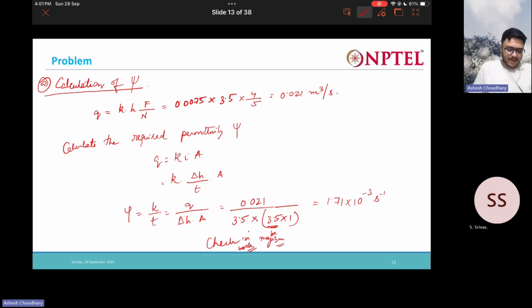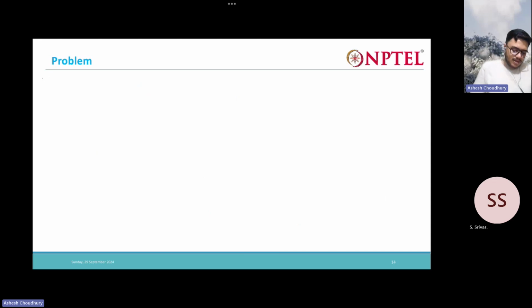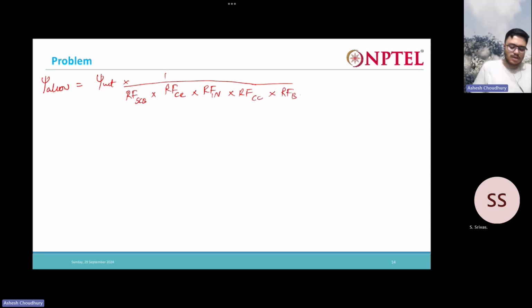Okay, now next you have to find the allowable permittivity, or the design permittivity. What is the design permittivity? It is the ultimate permittivity divided by all the reduction factors: reduction factor due to soil clogging, binding, reduction factor due to creep, then reduction factor due to intrusion, then reduction factor due to chemical clogging, then reduction factor due to biological clogging, and all those things.